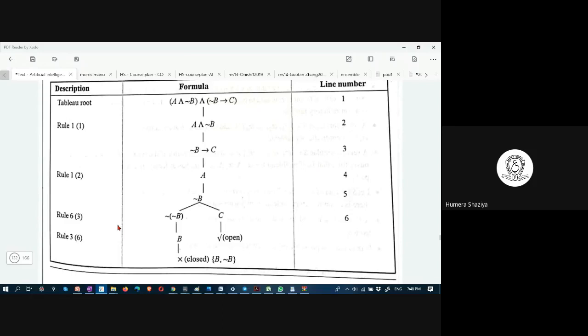This is B and this is not B. After A, you are getting not B, and after the application of not on not B, B is obtained. Therefore, this path gets closed and this path is open. Not B, C implies C.